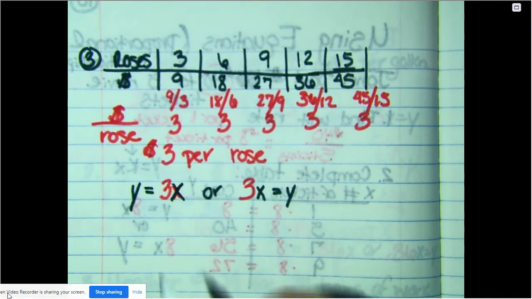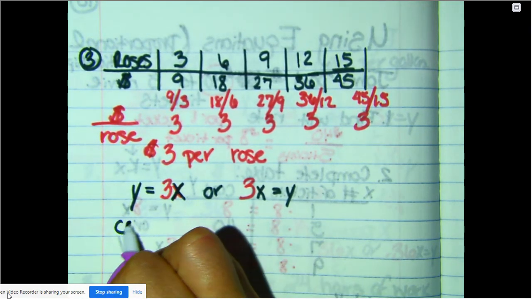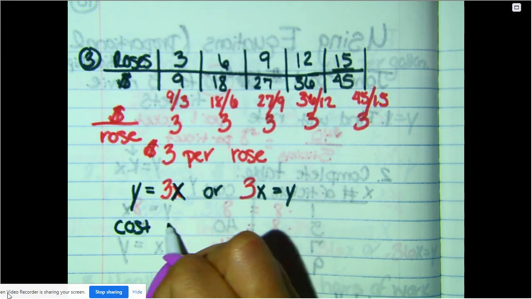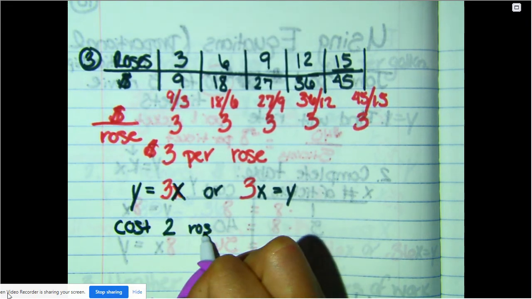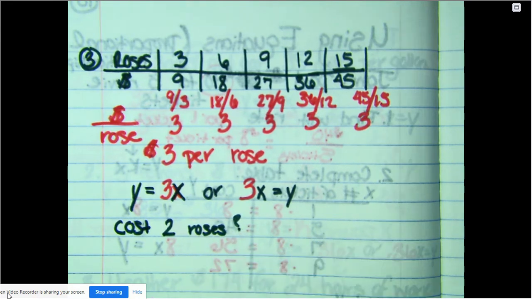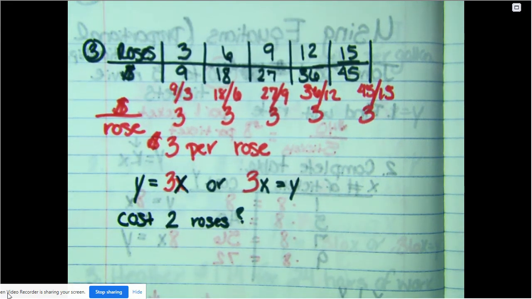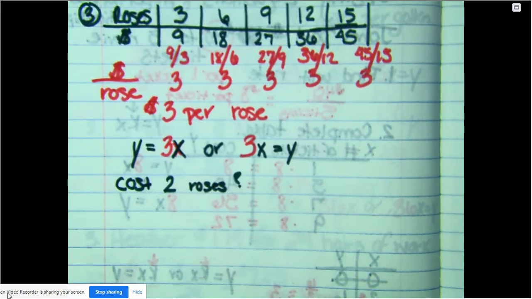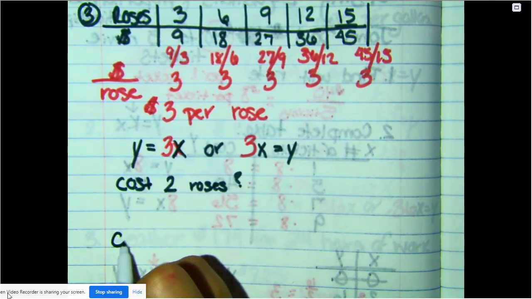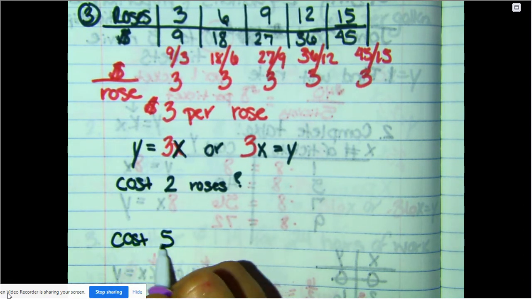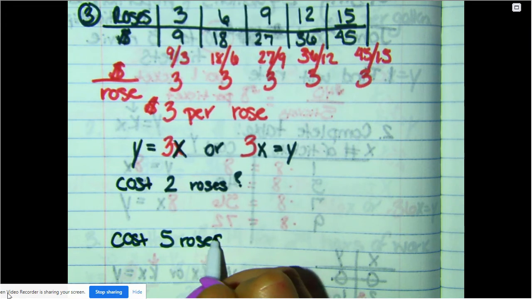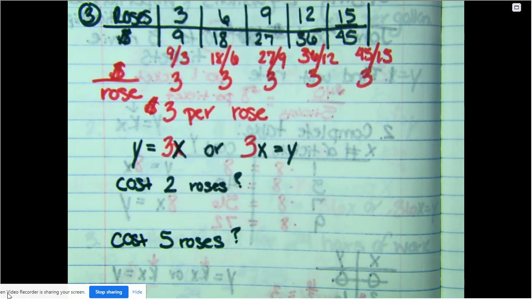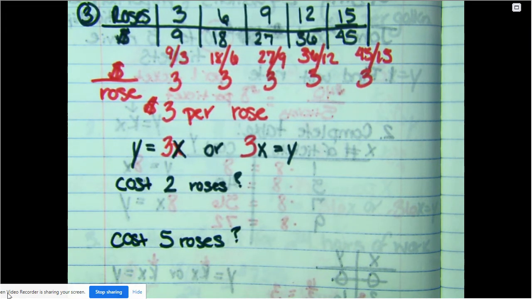So if I want to know the cost of, this is why we're using equations now, the cost of 2 roses, what are you going to do? Okay, what about the cost of 5 roses? That wasn't in my table. Okay, and what about last, the cost of 10 roses?